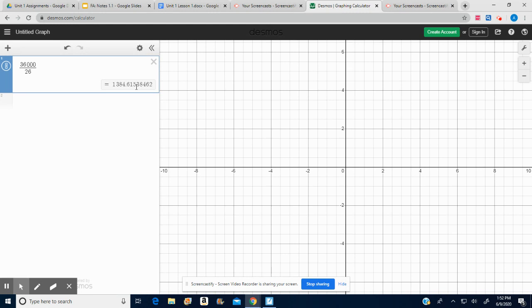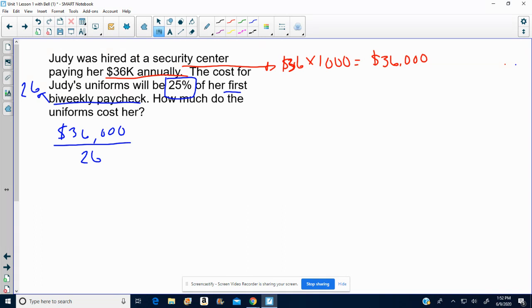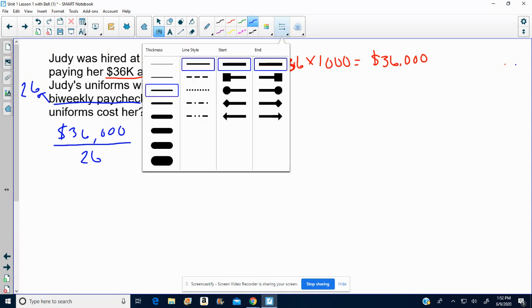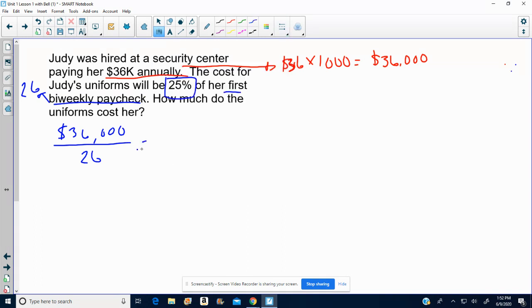Now, it didn't tell me how to round this, so I would go ahead and just round to 2 decimal places. Since this is 0.615 and that third decimal is a 5, I'm going to round up. So this is actually going to be 1384.62.